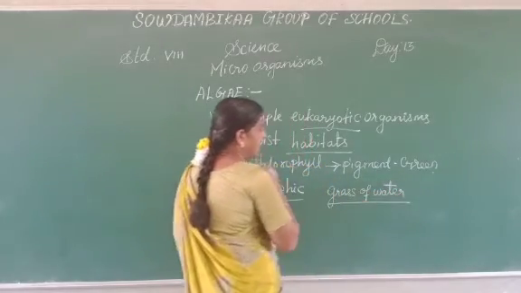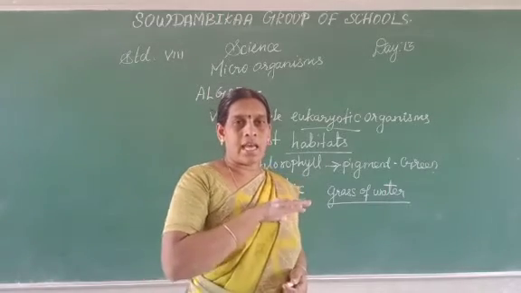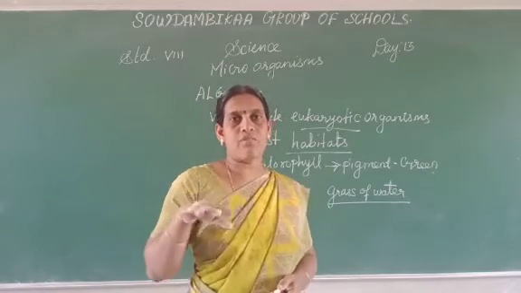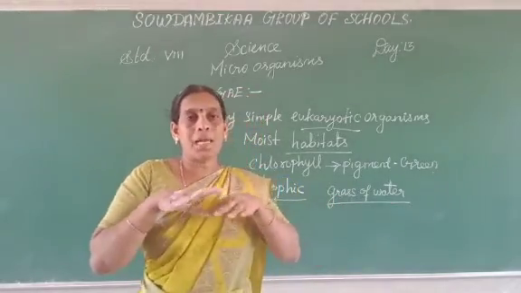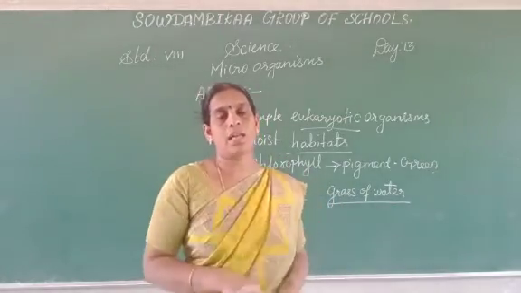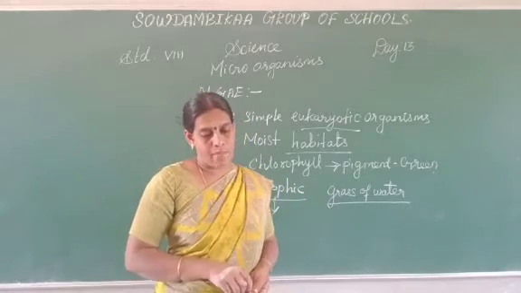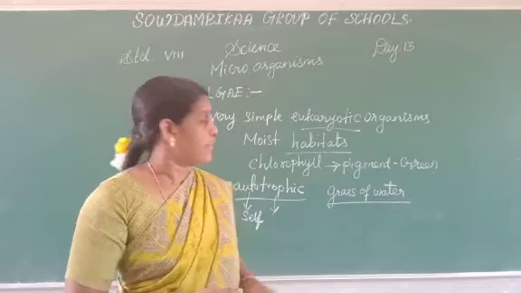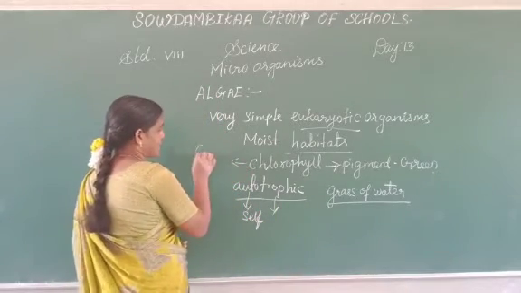Why do we call the alga the grass of water? They are found on the surface of lakes and ponds, green in color, so they look like grass. They are autotrophic and manufacture their own food with the help of chlorophyll, which is in the chloroplast.